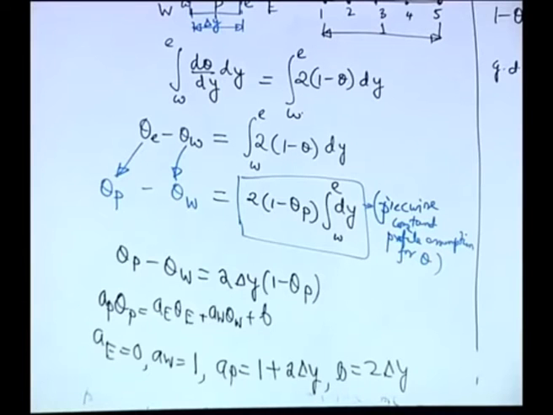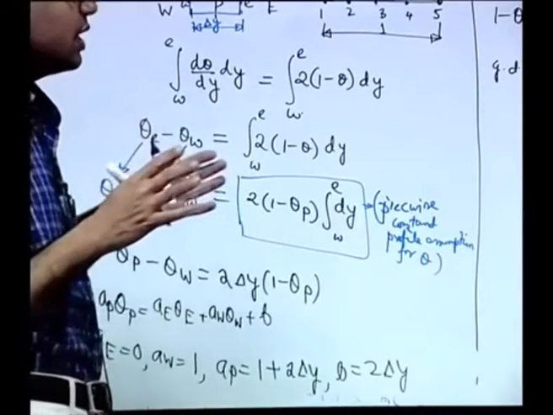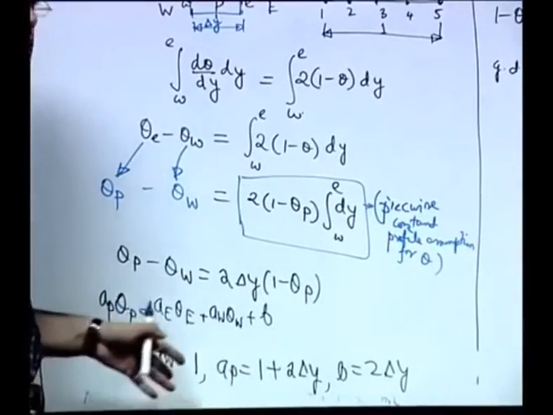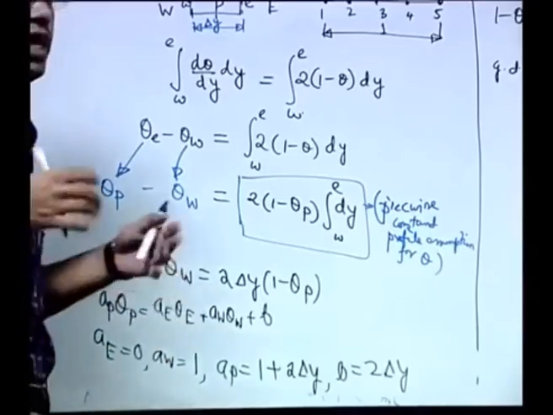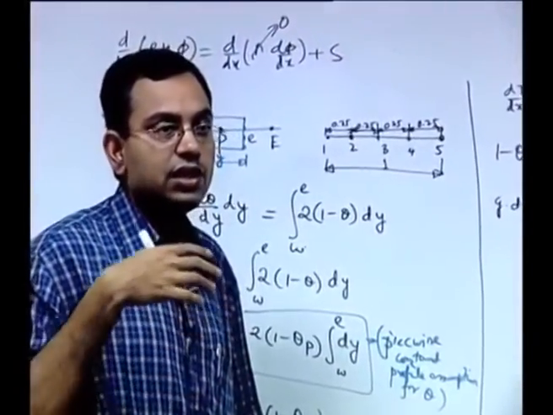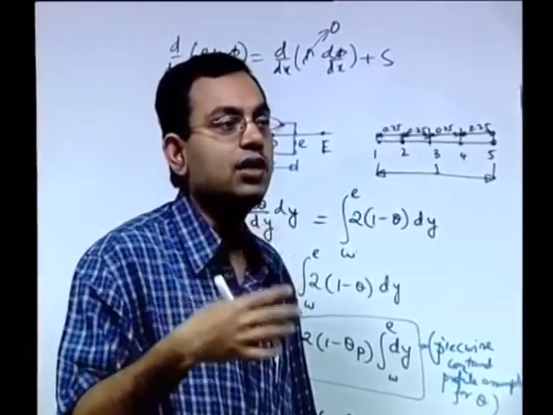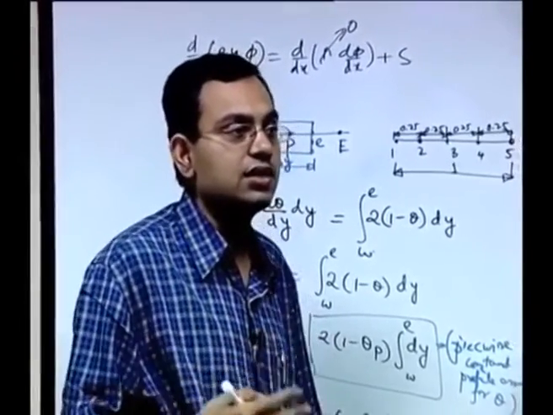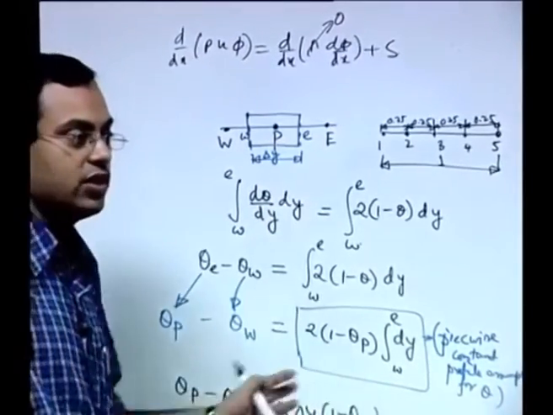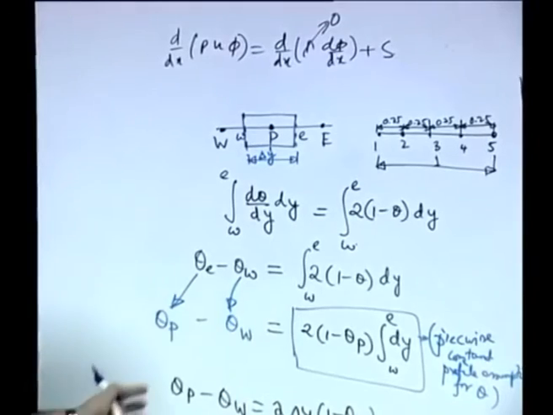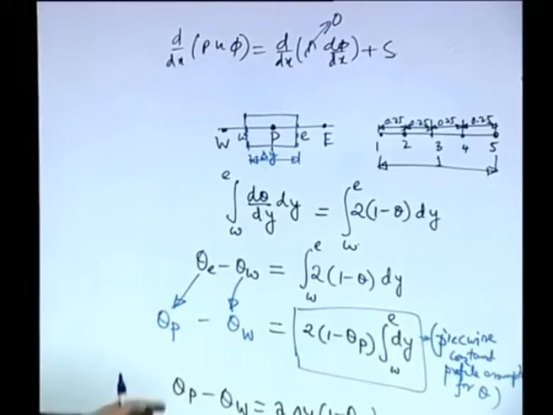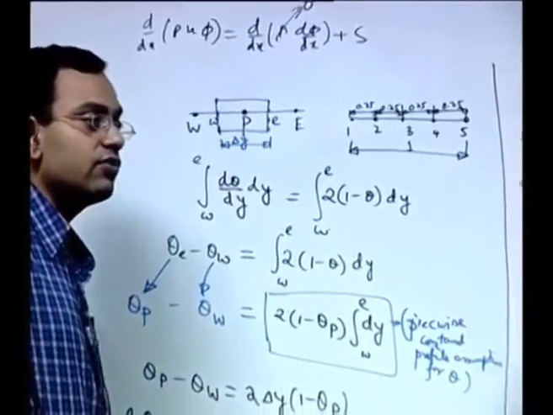Again you see that never keep certain things like a magical formula, like AP is equal to AE plus AW. Because in many examples you have AP equal to AE plus AW, there is a tendency to think that that should be the common case rather than the exception. That is not obvious. Depending on whether there is a source term present or not, and maybe a few other factors, whether there is an unsteady term or not and so on, you can have AP which is different from AE plus AW.